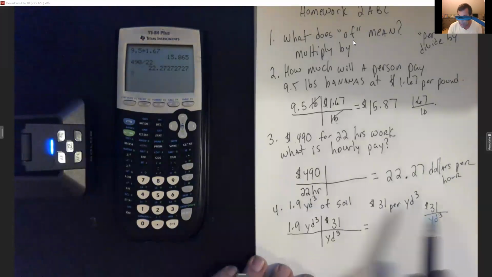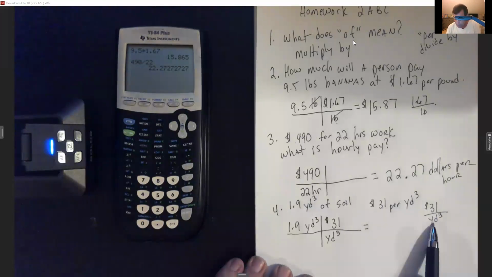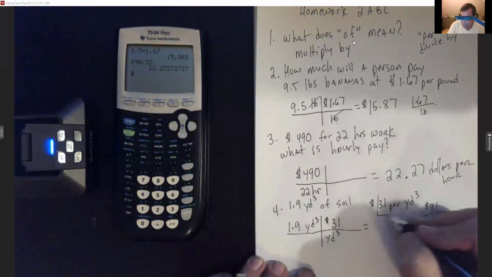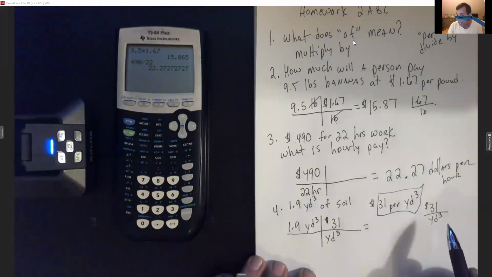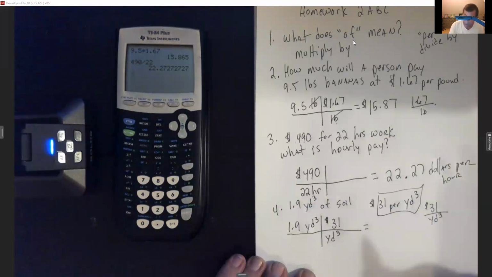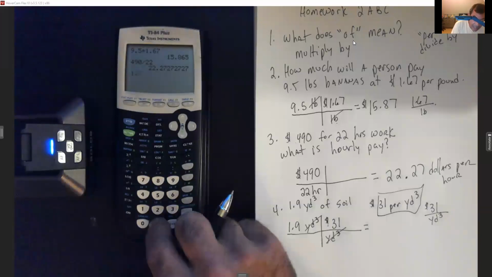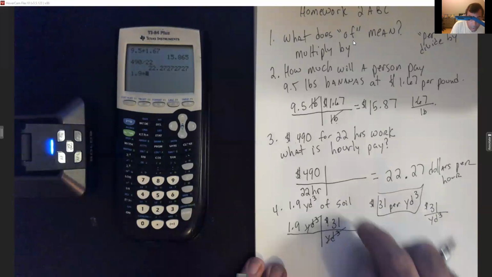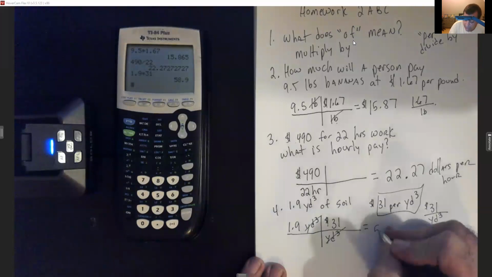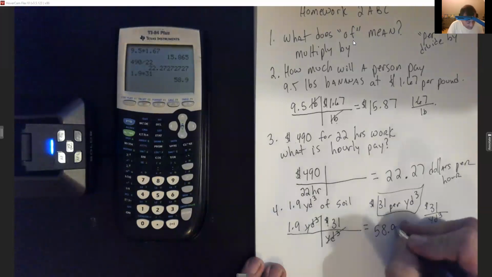So this one pretty much came in just like it looked, right? The yards were on the bottom, money on the top. You just got to remember when you have it written like that, that per means you're really dividing, okay? And it doesn't matter what they look like over here. You arrange them over here so that these units cancel with what you already got. So these yards cancel, and I'm going to be left with money. So this one I would do 1.9 times 31, and that gives me a price of 58.9, which will be $58.90.